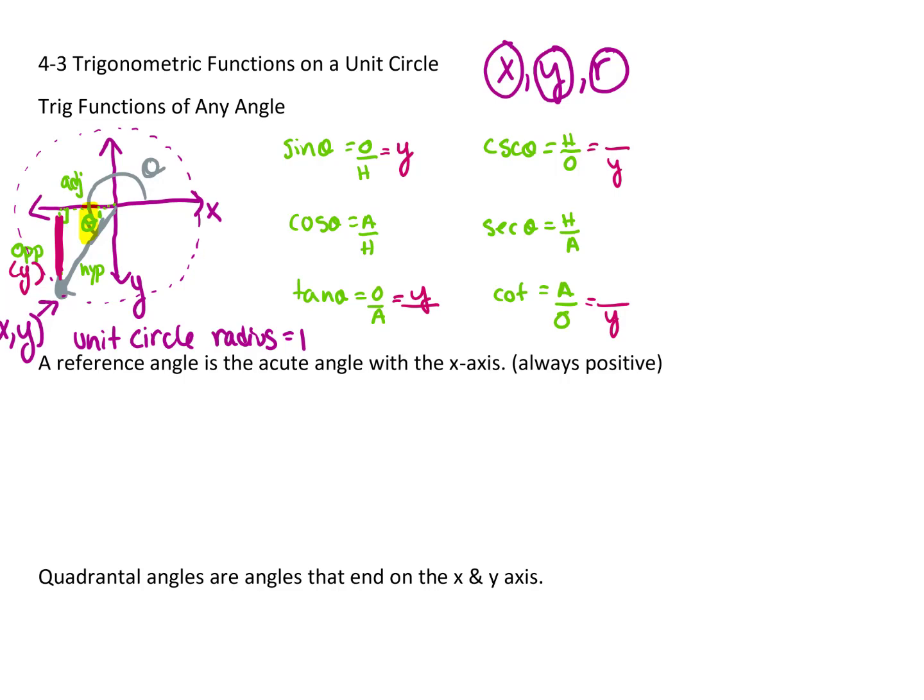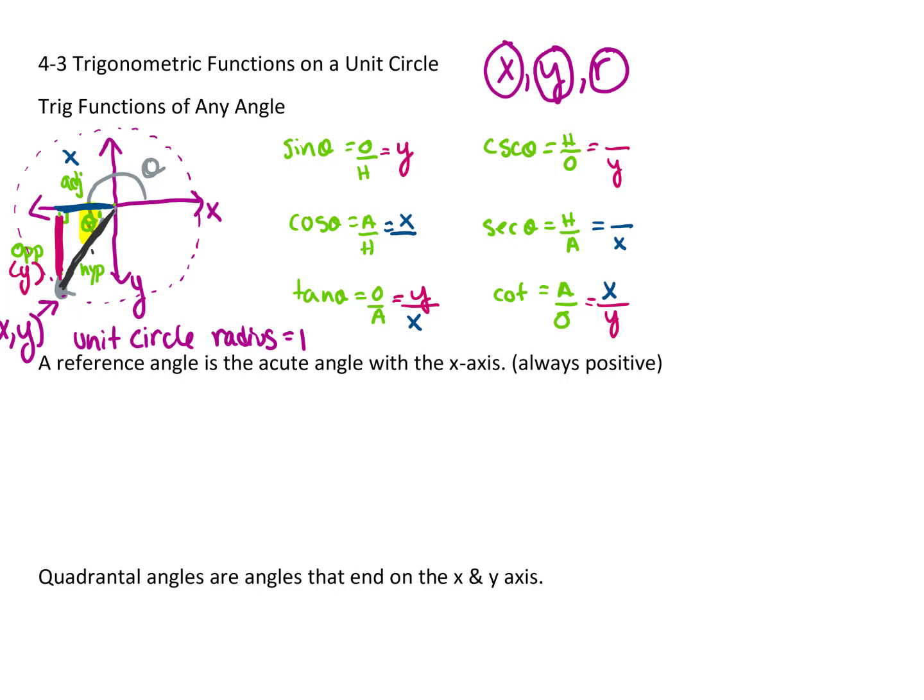The adjacent of the triangle, I'll do that in blue, is a horizontal distance, which is an x value. So the adjacents are all going to change to be x's. And the hypotenuse is equivalent to the radius of the unit circle.